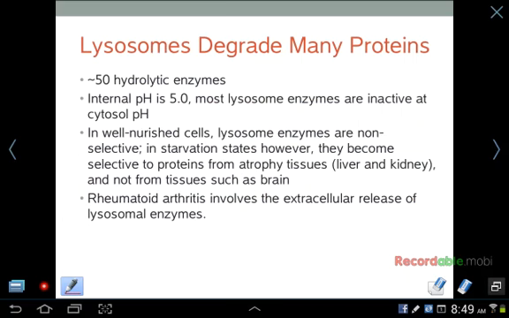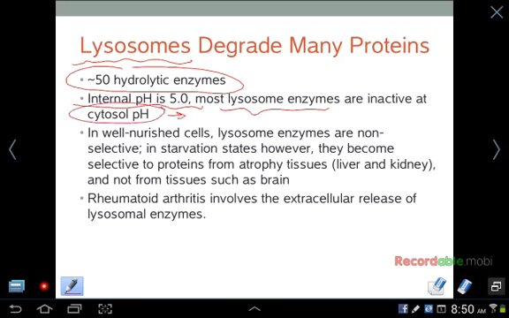So, protein degradation can start in lysosomes, which are these components of the cells that contain about 50 hydrolytic enzymes. The internal pH of a lysosome is 5.0. Most lysosome enzymes are inactive at cytosol pH, which is around 7.2.